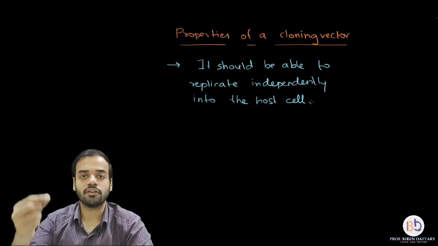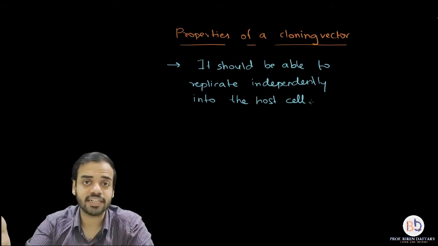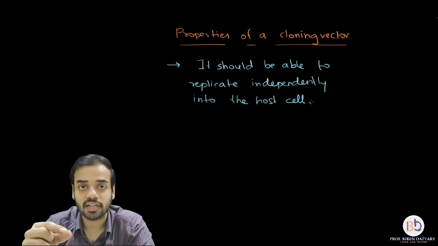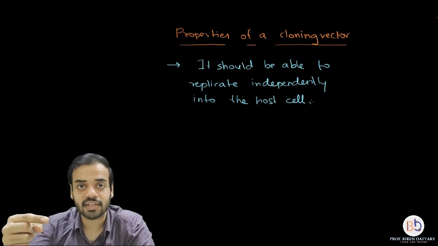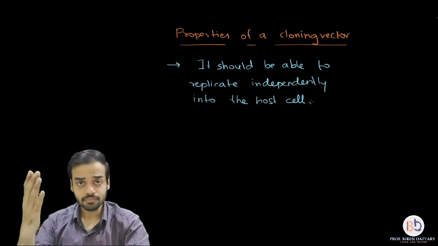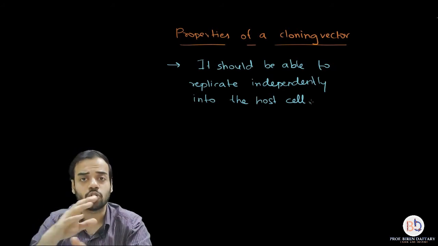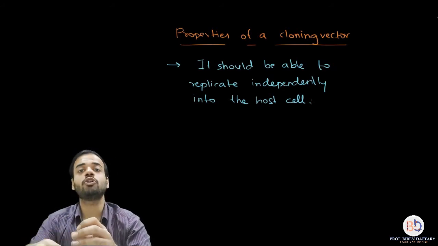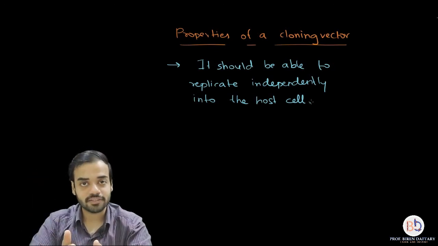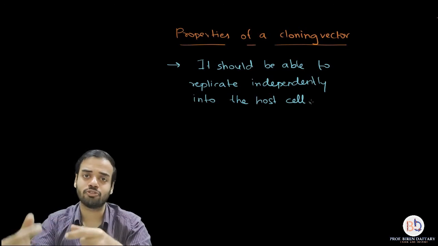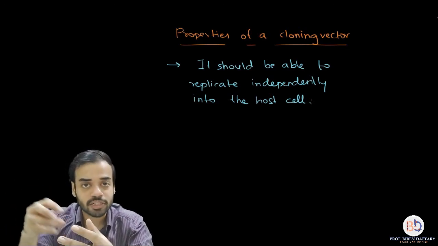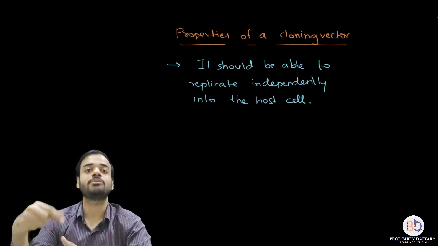If you take a vector and insert it into the host cell, obviously the vector is having the desired gene, then inside the host cell, that plasmid or that vector, whatever you are using, bacteriophage, artificial chromosome, baculovirus, whatever the vector is, it should be able to multiply inside the host cell. If the vector multiplies, obviously the gene will also multiply, because each vector is carrying a gene, and because of that the incorporation of the gene into the host cell becomes very easy.